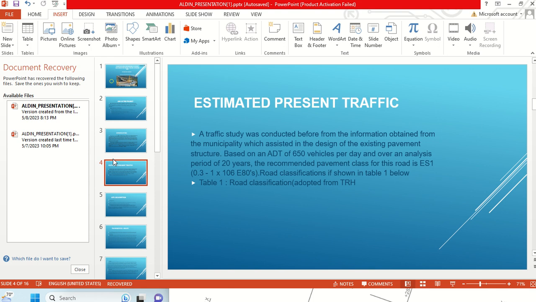According to a study conducted before, with information obtained from the municipality, the existing pavement structure was designed based on an ADT of 650 vehicles per day over an analysis period of 20 years. The recommended pavement class for this road is ES0.3, 0.31 times 10^6 E80, and the road classification is shown in the table below, which was attached to the report.